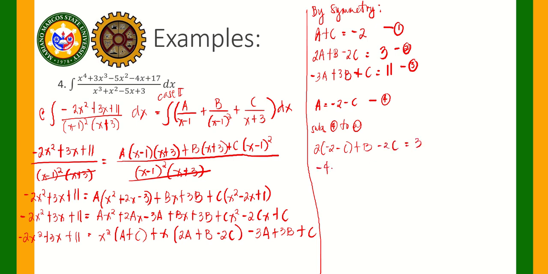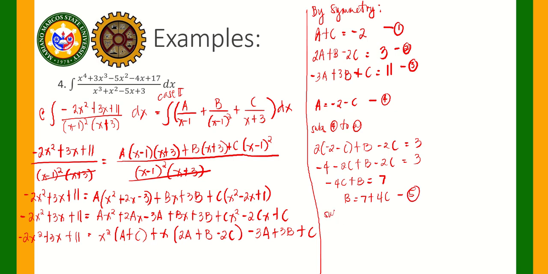Simplifying further, this is equal to negative 4 minus 2c plus b minus 2c is equal to 3. So this is equal to negative 4c plus b is equal to 3. Transpose natin sa kabila magiging positive. So that will be equal to 7. So our b is equal to 7 plus 4c. Then this is our equation number 5.